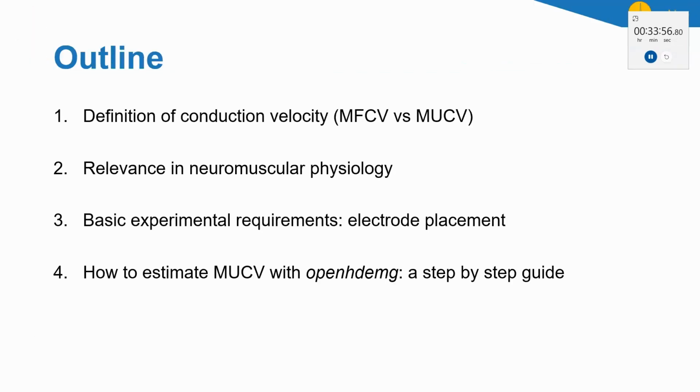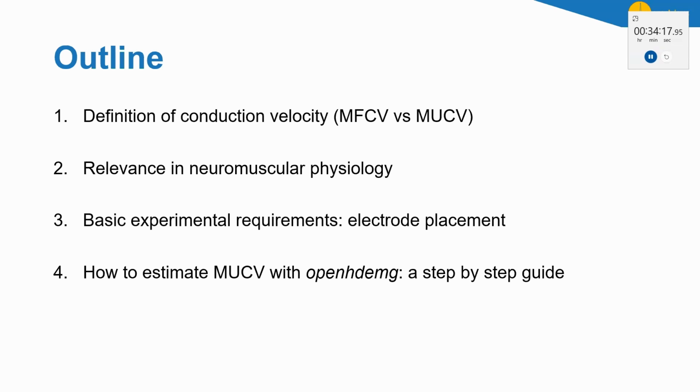Briefly, this is the outline of my presentation. We'll see the definition of conduction velocity and the difference between muscle fiber and motor unit conduction velocities. We'll discuss briefly the relevance in neuromuscular physiology, and I would also add in clinical research settings.